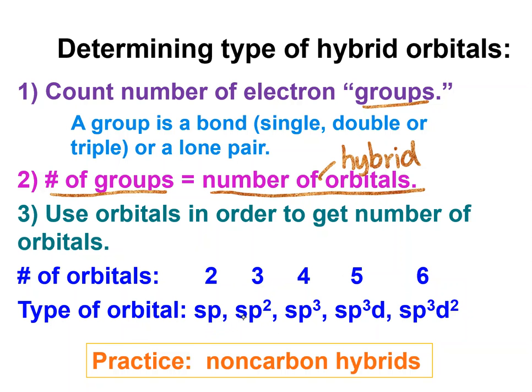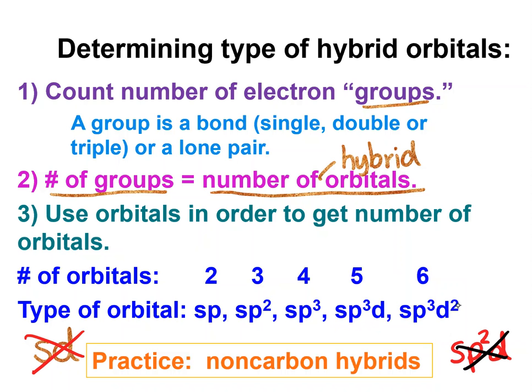If you have 2 orbitals in the hybrid, it'll never be sd. That's not a possibility. If you have 5, it has to be these 5. If you have 4, you'll never have sp2d, say.